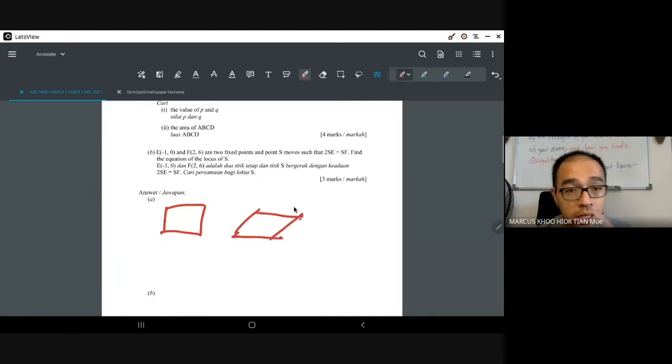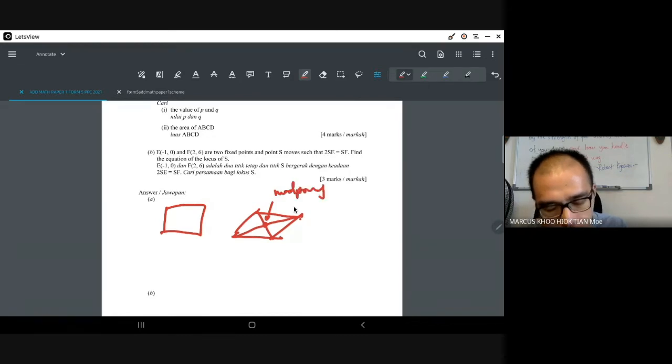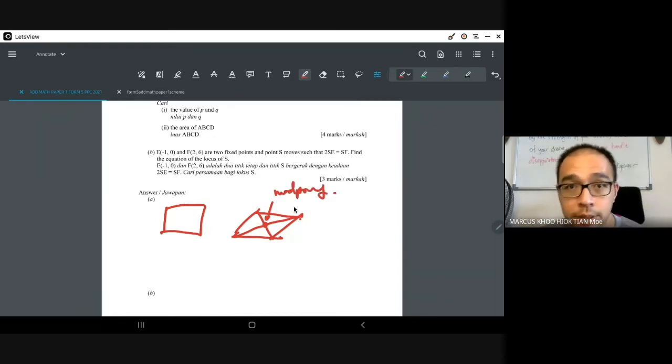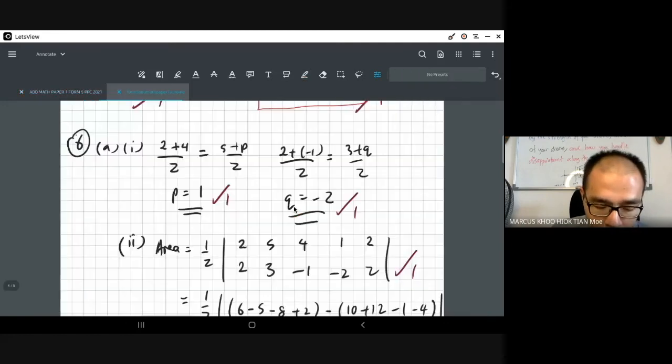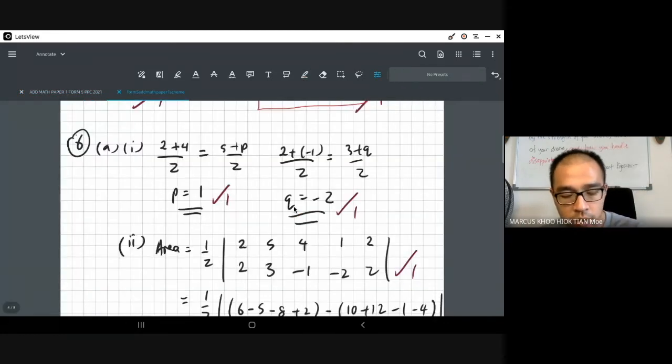So in a parallelogram, the only thing that is the same is the midpoint. They both have the same midpoint. And that's the only thing that's the same. The length of the diagonals is different, but they will have the same midpoint. So that's why you see over here, I will write 2 plus 4 over 2 equals 5 plus P over 2.